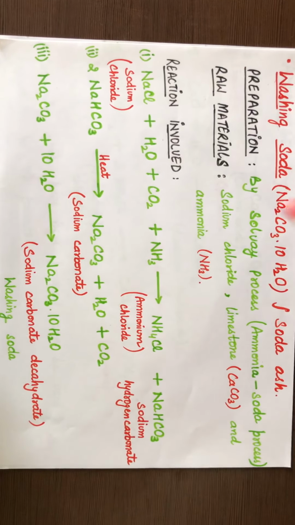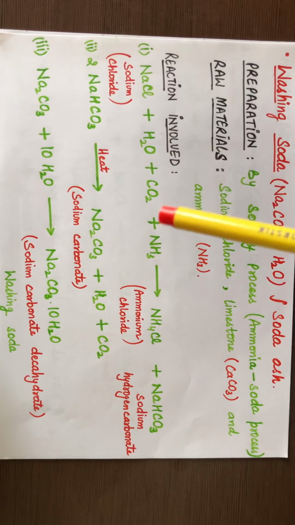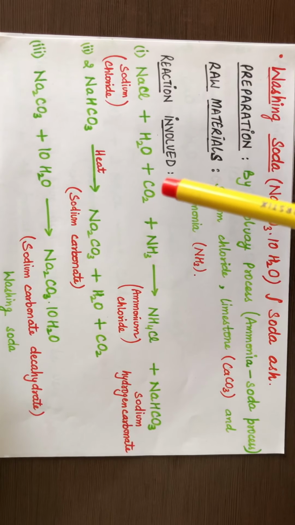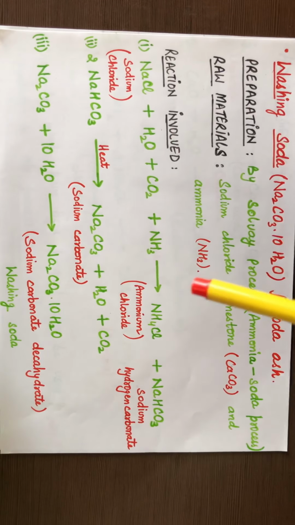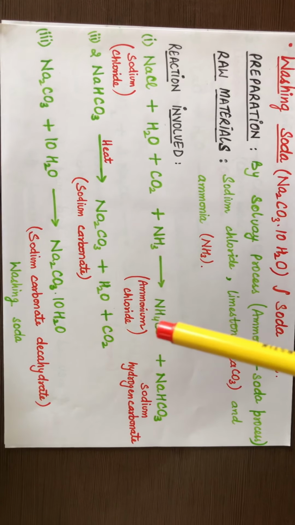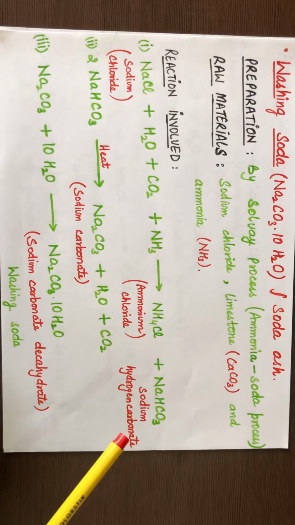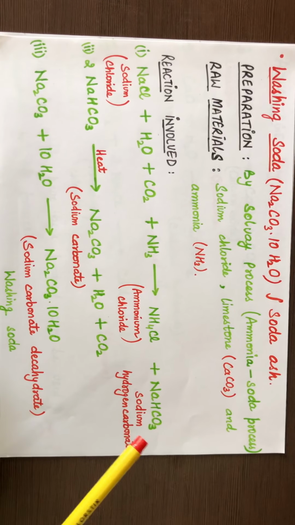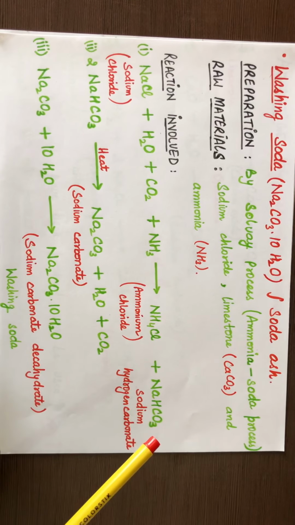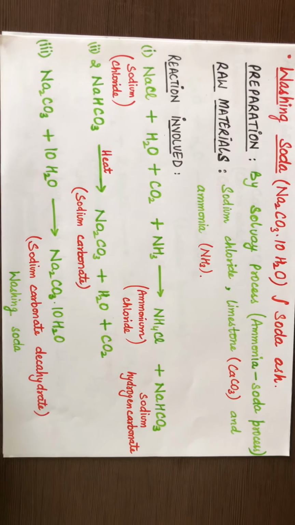When sodium chloride reacts with ammonia and carbon dioxide gas, we obtain ammonium chloride with sodium hydrogen carbonate, and this sodium hydrogen carbonate is known as baking soda. So this is the first step in which we obtain baking soda, meaning sodium hydrogen carbonate.